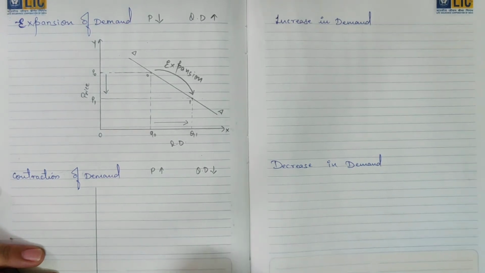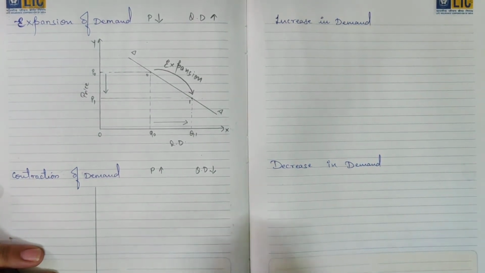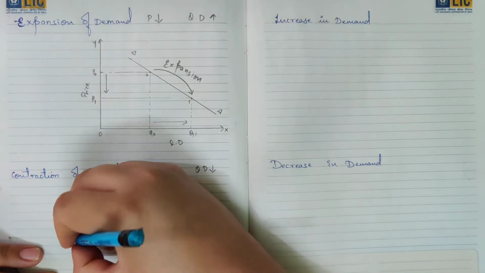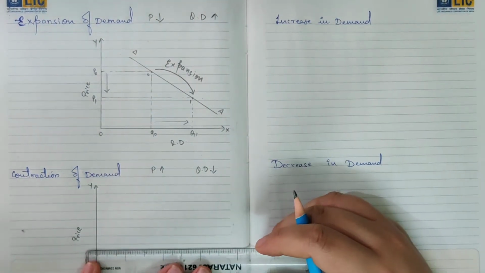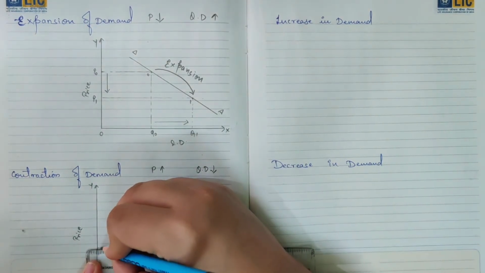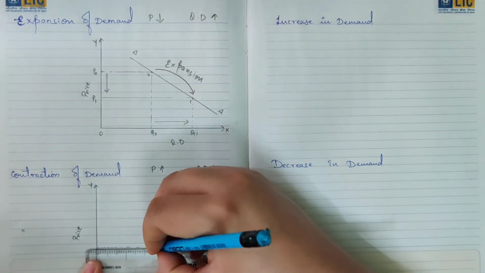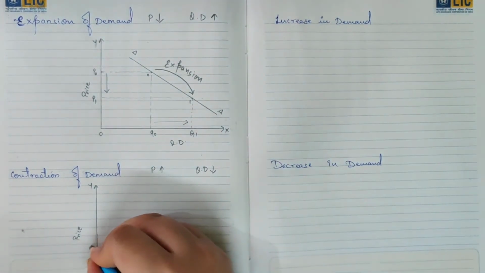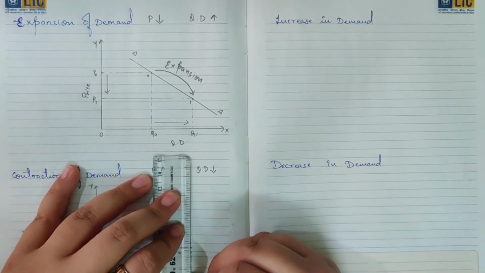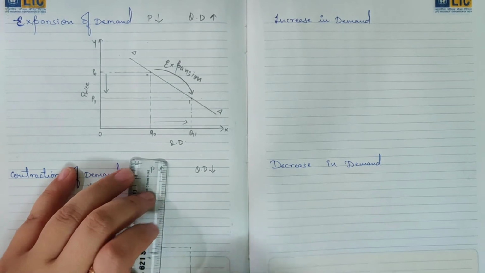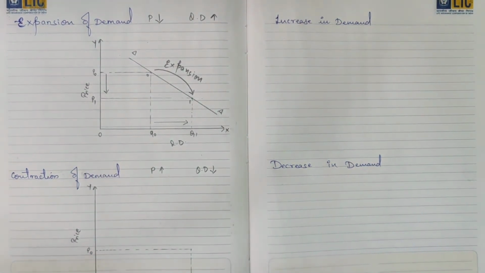On x-axis we'll show quantity demanded, on y-axis we'll show price. So when price of the commodity is P naught and quantity demanded is Q naught, I hope I am clear.